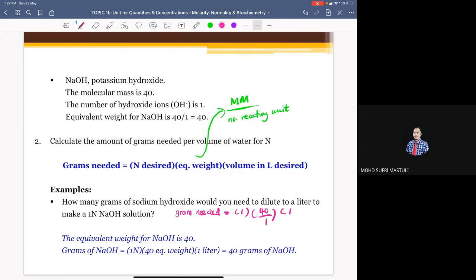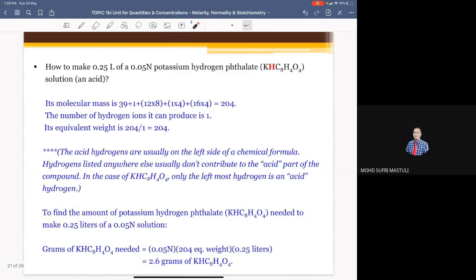Okay, so you can get 40 grams. You can calculate this using this formula: N desired times equivalent weight and also times volume in liters.